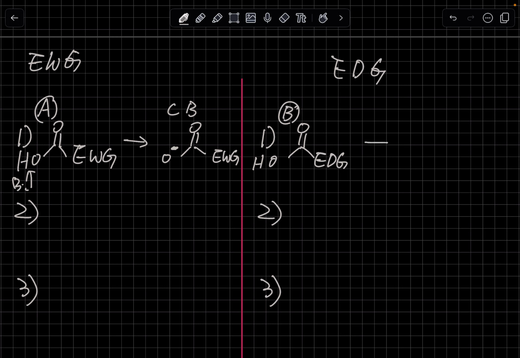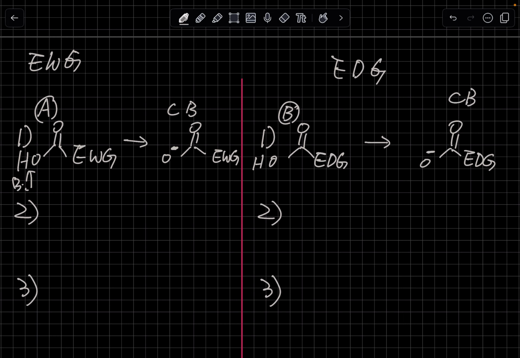And this guy is like that: the conjugate base is O negative and then an electron donating group. So we're going to see which conjugate base is more stable, which has more acidity. Which is more acidic, which one is more willing to lose that proton and turn into the conjugate base due to the greater stability of the conjugate base?